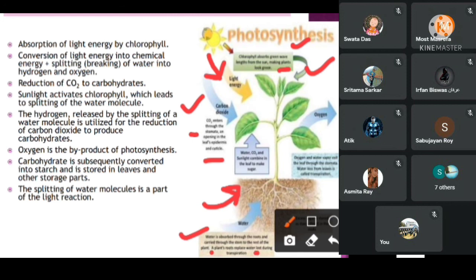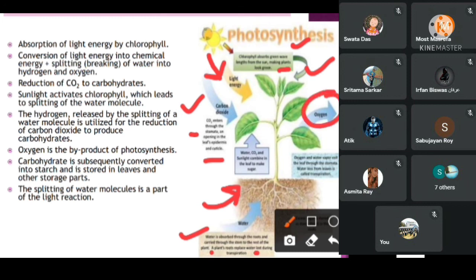Okay, then all that I have told are the process of photosynthesis, that means the events of photosynthesis. After this photosynthesis, glucose is formed and also oxygen is produced.